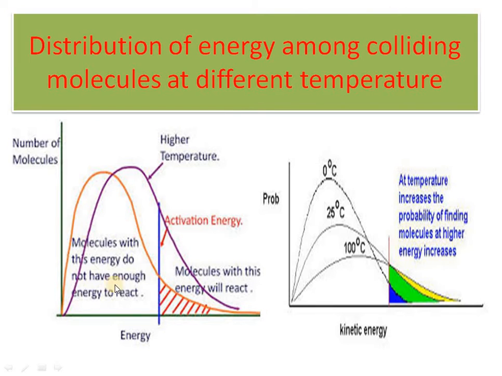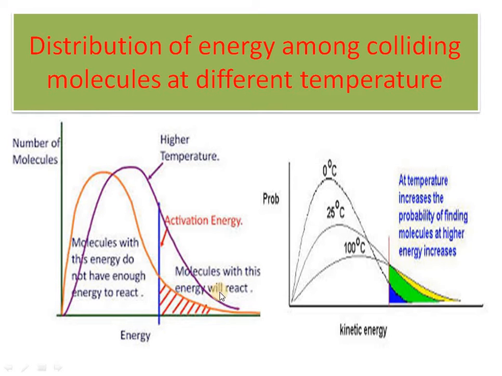The other molecules do not result in an effective collision. These are ineffective collisions, so there is no meaning for a reaction resulting in products. That does not depend on these, but on the shaded portion.